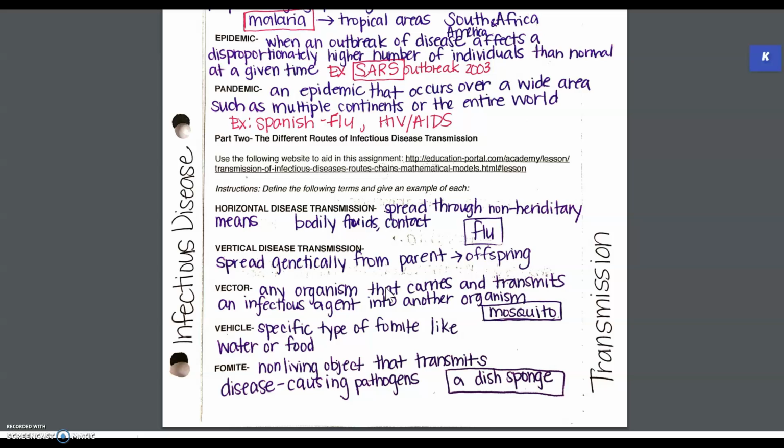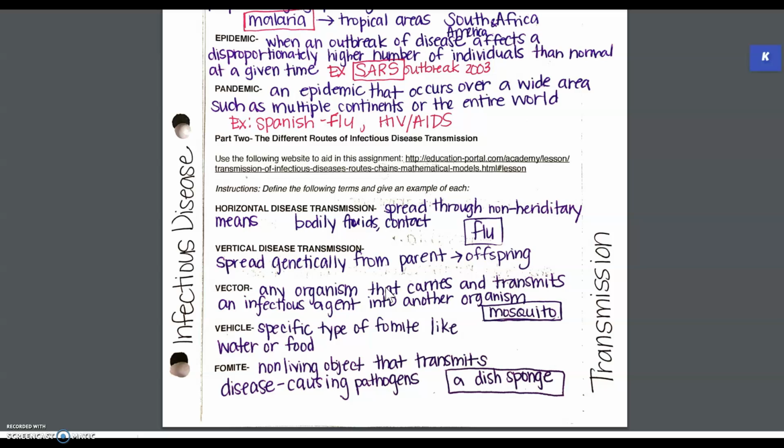A fomite is a non-living object that transmits disease-causing pathogens. Y'all, fomites are everywhere. Those are your desk tops, your door handles, your toilet seats. Anything really can be a fomite. Any non-living object that you can get a disease-causing pathogen from is a fomite.